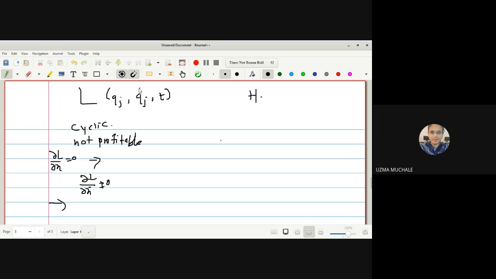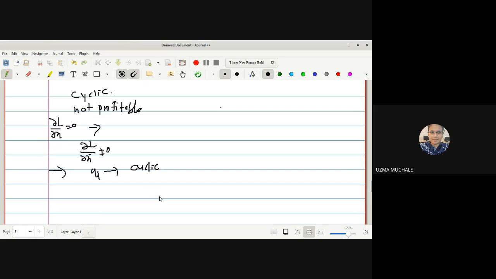So if qj is absent, maybe qj dot will be present. So still you have to solve the same number of equations. Okay, so if qj is cyclic in L, it does not imply that qj dot is also cyclic. You have to again solve the same number of equations to find out the solution.